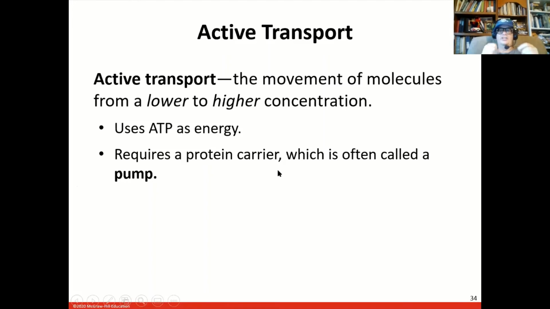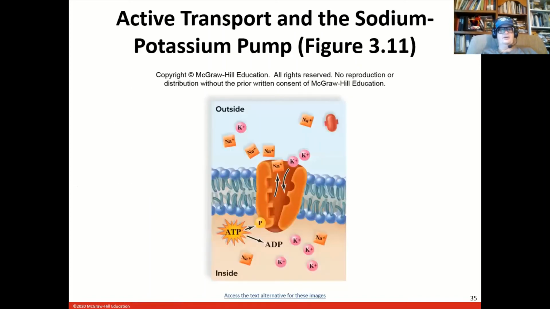We put energy into it and it pumps. And that's moving things from a less concentrated area to a more concentrated area. Like it's already got a bunch of stuff and they've all got charges and they're repelling, they're trying to move out. And you say, I don't care, you're taking even more, we'll put more stuff in there. And you spend energy to do it.